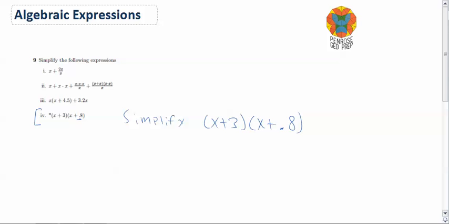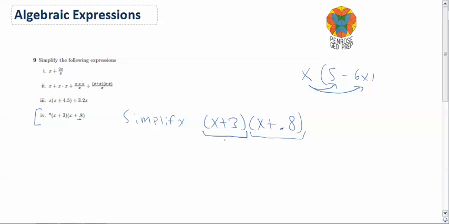The next thing we have to do is multiplication. Here we have x plus 3 times the quantity x plus 0.8. Do you remember in the last problem how we took x times 5 minus 6x, and we multiplied x times 5, and then we multiplied x times negative 6x? Well, it's the same thing here.